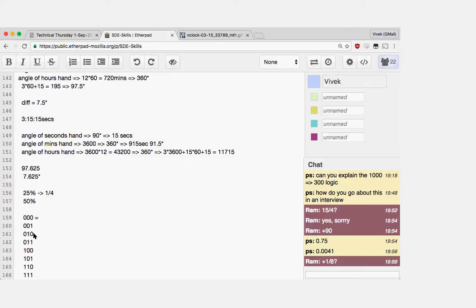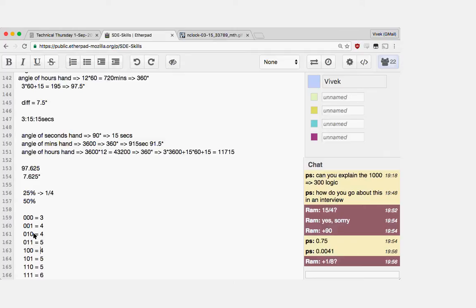So in this case, the sum is 3. 0 means 1 and 1 means 2. So in this case, it's 4. In this case, it's 5. In this case, it's 4. In this case, it's 5. In this case, it's 5. And in this case, it's 6. Right?